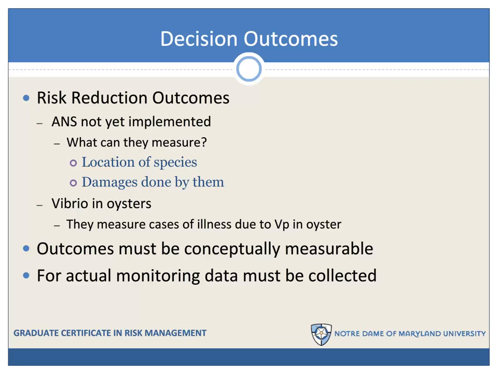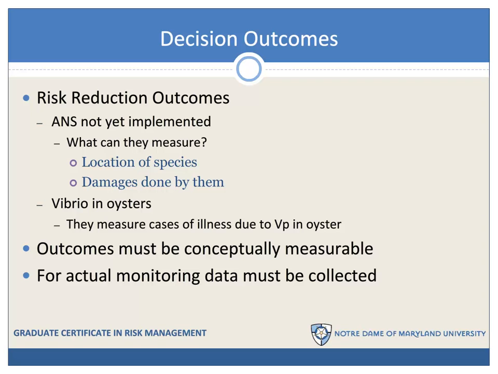To date, the aquatic nuisance species solution has not been implemented, but it's not too soon to consider what to monitor. Two measurable outputs that could conceptually be monitored are the location of key aquatic nuisance species and the damages done by them. The Vibrio in oysters example is a bit more obvious. We can measure the number of illnesses due to Vibrio parahaemolyticus in oysters.